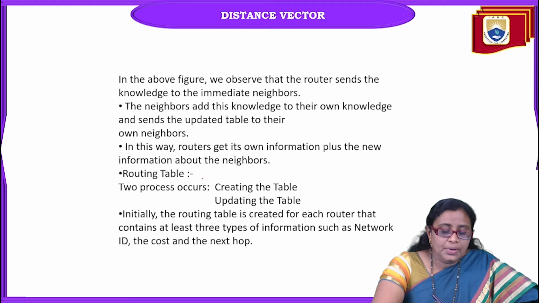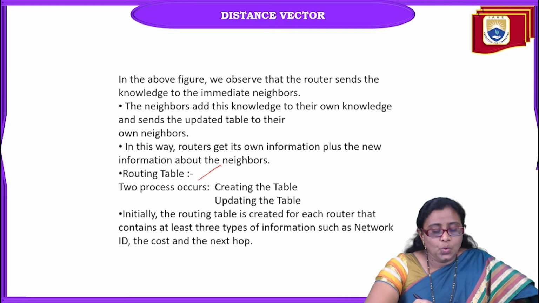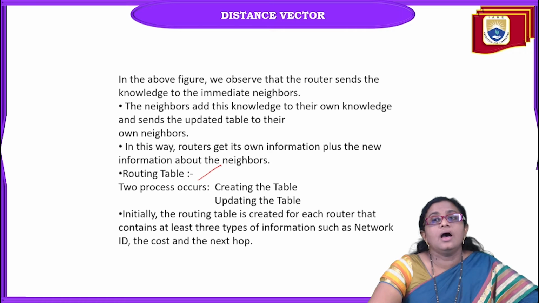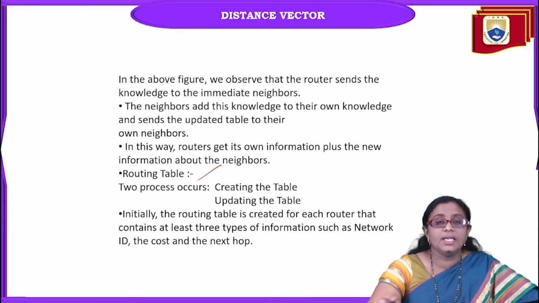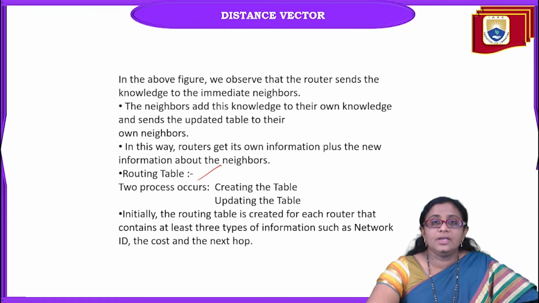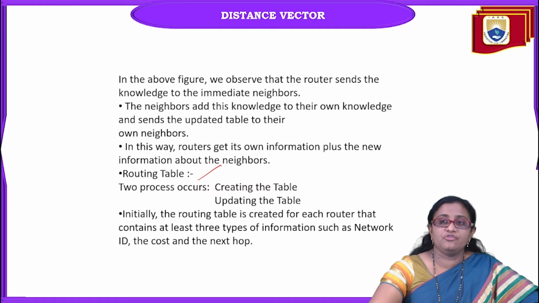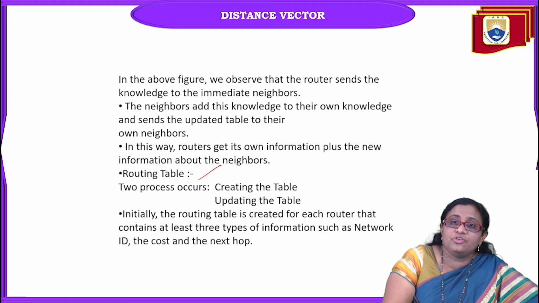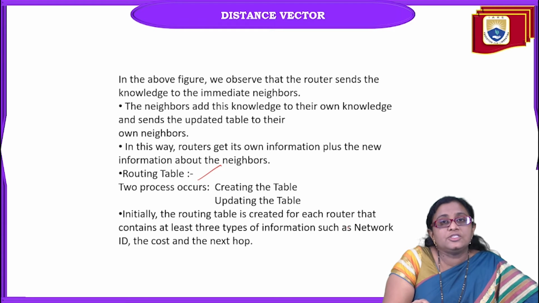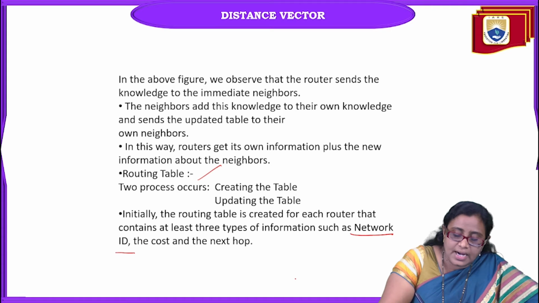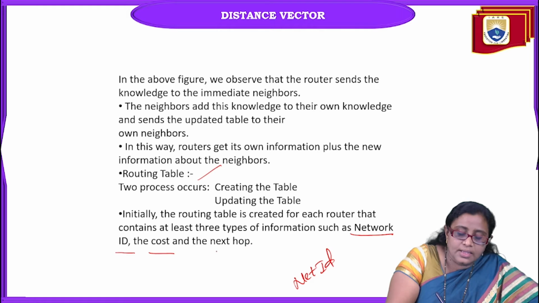The routing table involves two processes: the first one is creating the table, the second one is updating the table. Initially, the routing table is created for each router. Then it contains at least three types of information, which are the network ID, that means net ID, the cost, and the next hop.